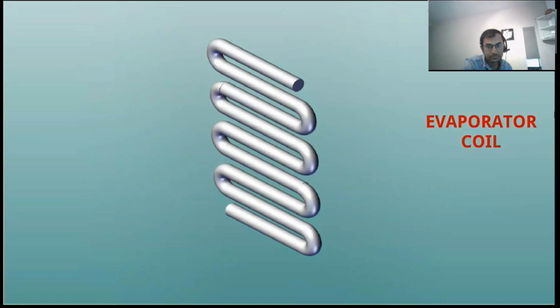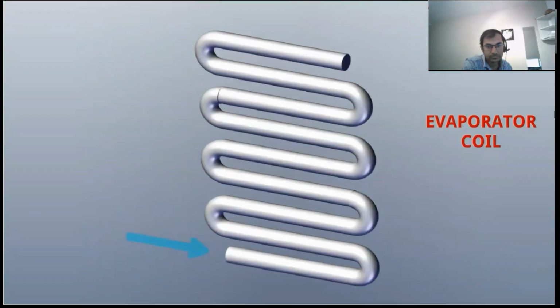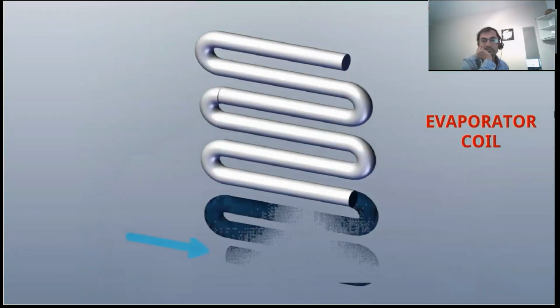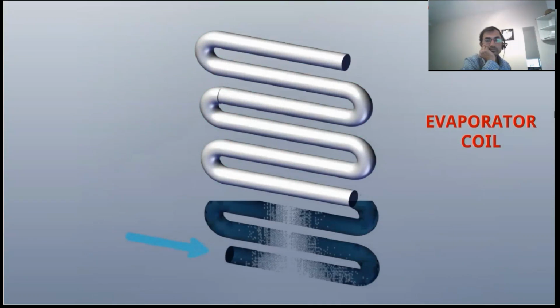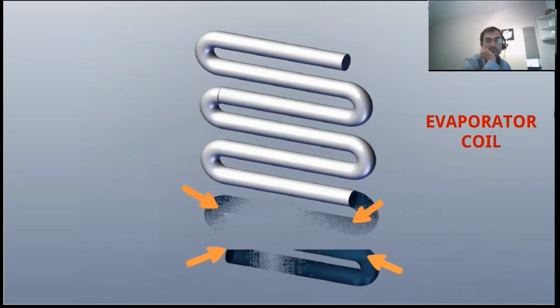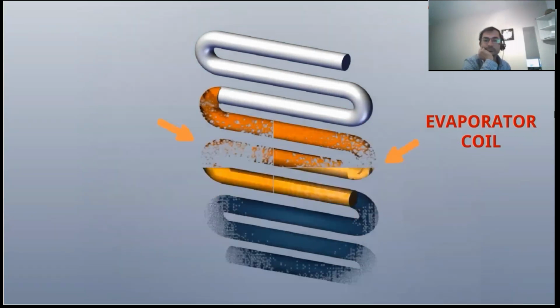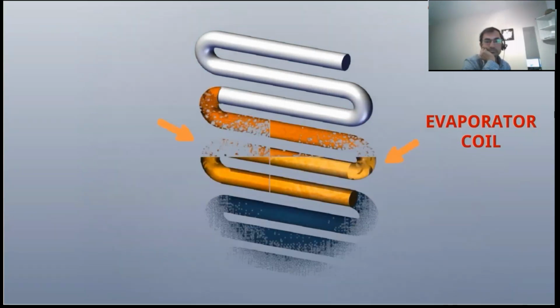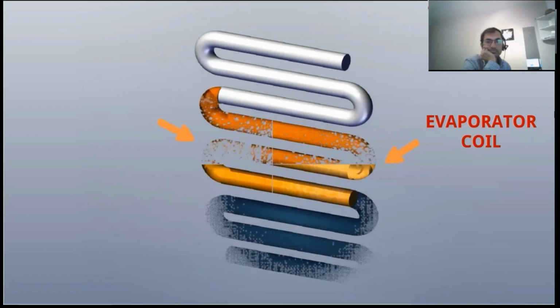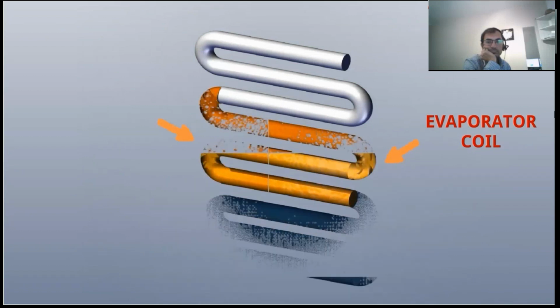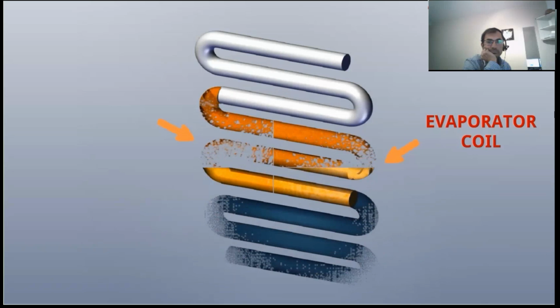So this is the evaporator coil. Cold refrigerant enters the evaporator coil and it takes heat from the surrounding air and it becomes heated and forms liquid plus vapor. Look at this portion. Here the liquid refrigerant changes into liquid plus vapor and the temperature is increased.